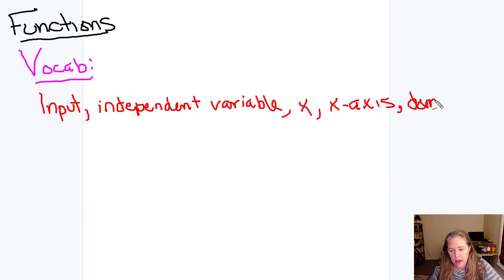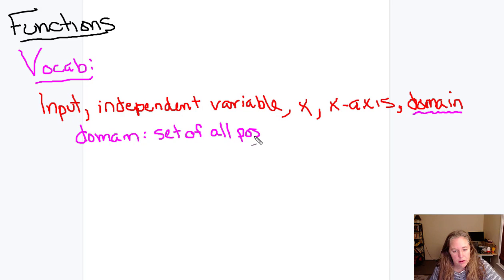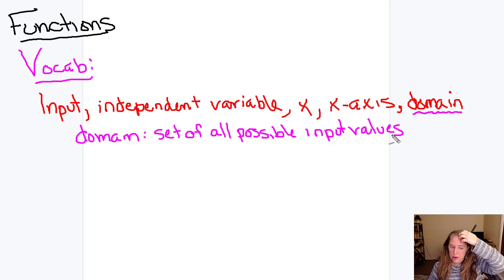It's a 9th grade vocab word, but we're going to look at it because you might see it in some of your work, and that word is called domain. And just to add it here, the domain is the set of all possible input values.